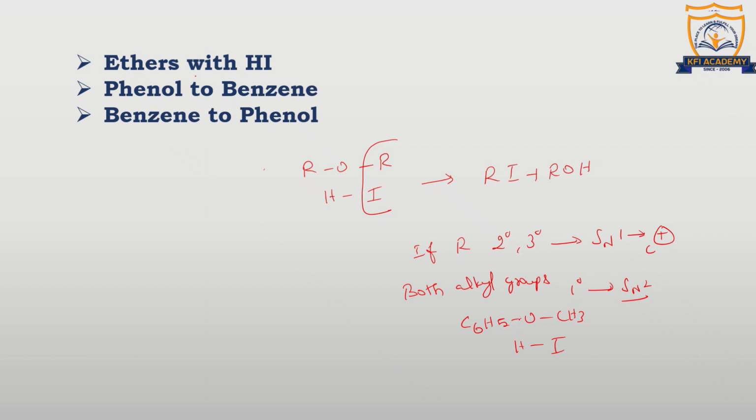But there is a partially double bond between the benzene ring and oxygen, we cannot easily break it. So the product is always phenol plus methyl iodide. The reason behind this is that oxygen has partially double bonded character with the benzene ring. This is not only for oxygen, any atom connected with the benzene ring always has partially double bonded character.